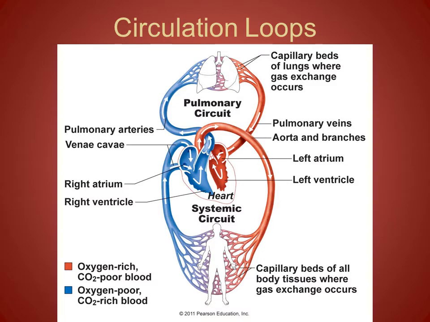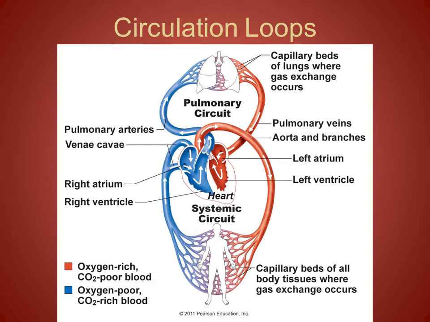In terms of the patterns of blood flow, blood is coming from the systemic circulatory system, which is feeding all the body except for the lungs. It returns to the heart by the superior vena cava and inferior vena cava, flows to the right atrium, to the right ventricle, out the pulmonary trunk, through the pulmonary arteries, to the pulmonary circuit. That's supplying blood to the lungs where you have the gas exchange occur.